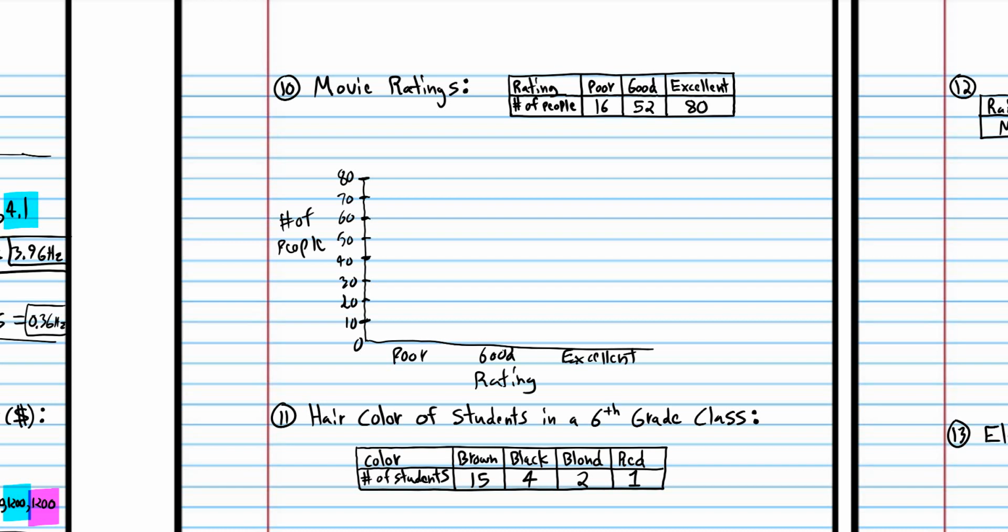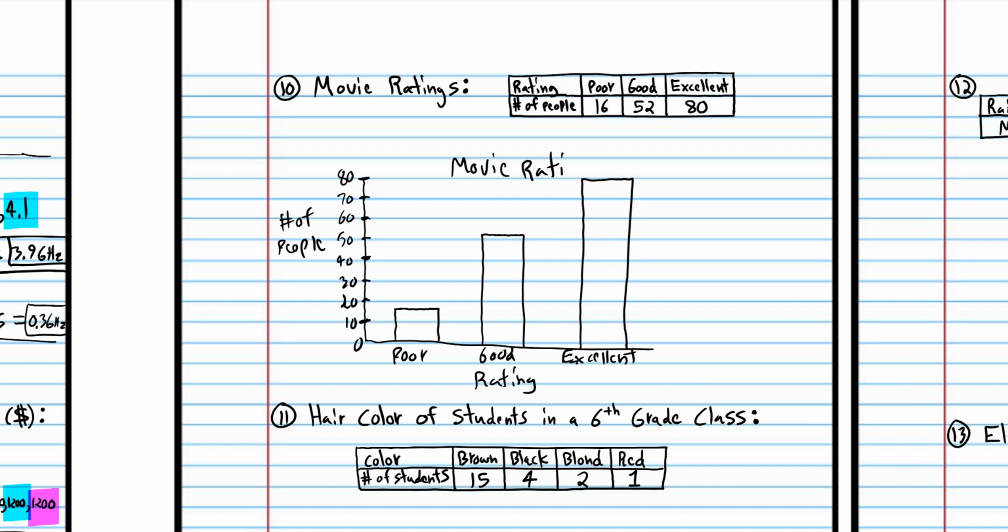All right, so also let's go ahead and write the bars. So 16 say poor, 16 didn't like the movie, 52 liked the movie, and 80 really liked the movie. They said it was excellent. And we just need one more thing. We need a title. Movie ratings.